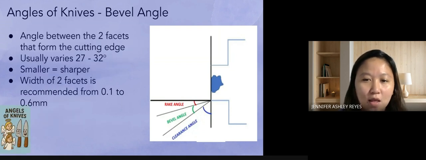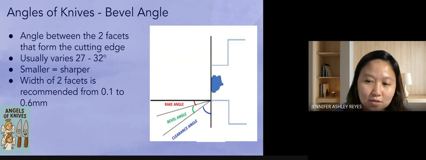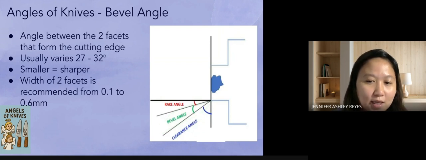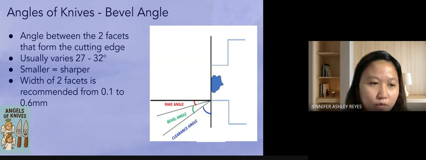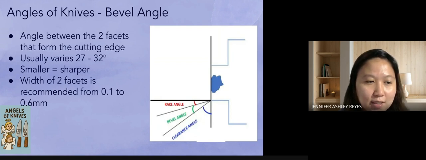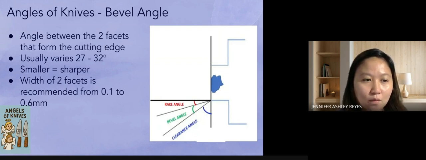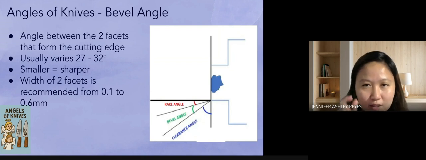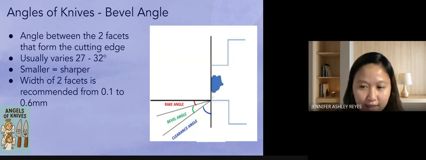So what about the bevel angle? It's also termed sometimes as the cutting angle. It's the angle between two facets that form the cutting edge. It's where the two bevels of your blade meet to form that super fine edge.